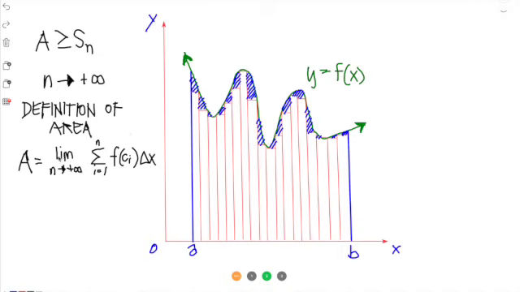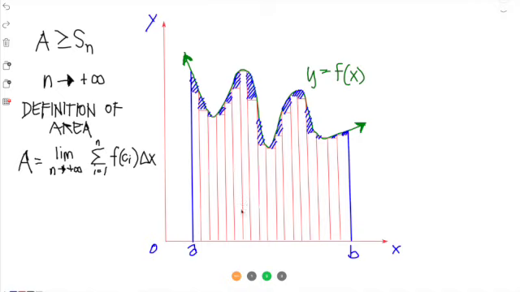So it is the limit as n, or the number of subintervals, or if you want to put it simply, the number of rectangles here, approaches or increases with no bound, or approaches infinity, and we take all the function of ci, whatever number of intervals we have, multiplied by, remember, we still have the same width for each rectangle.